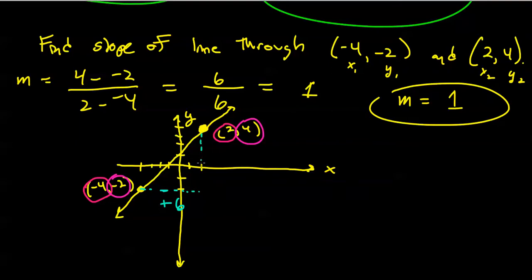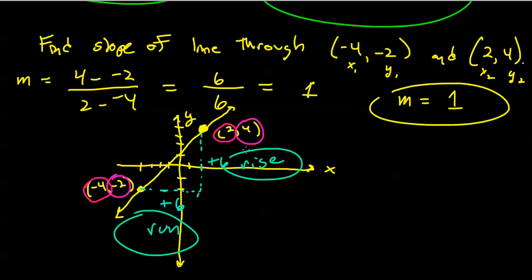So I get a rise of positive 6. Here my run and my rise are both positive 6, so of course my slope is plus 6 over plus 6, which equals 1, equal to what we got with the slope formula.